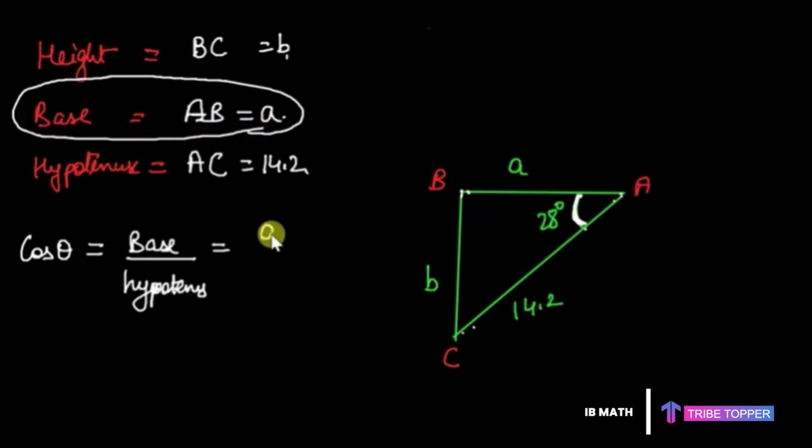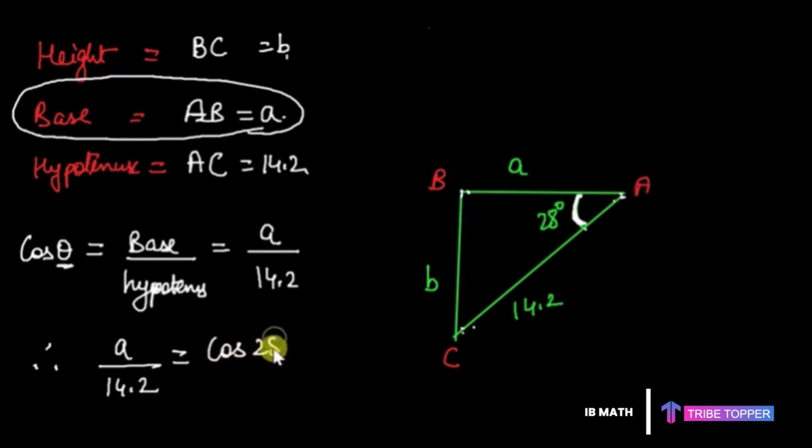So base A over hypotenuse 14.2, and cos of theta, where theta is 28 degrees. So therefore, I will write one more step here: A upon 14.2 is equal to cos of 28.